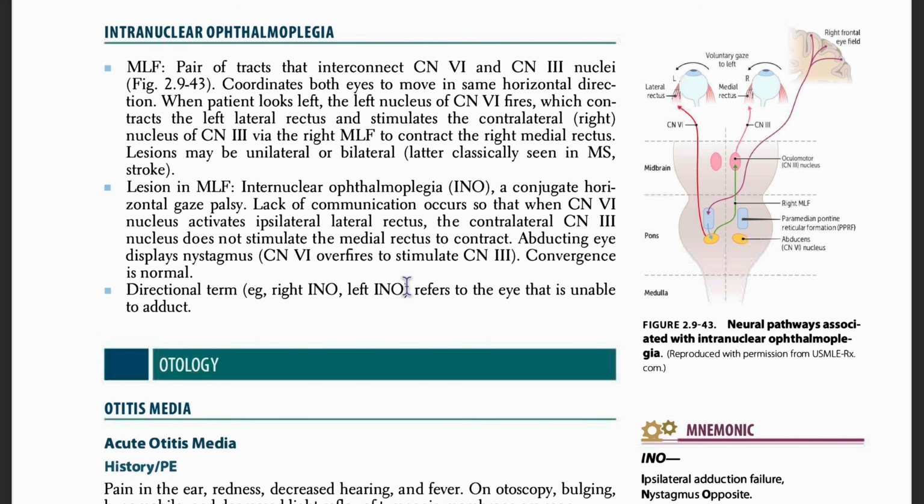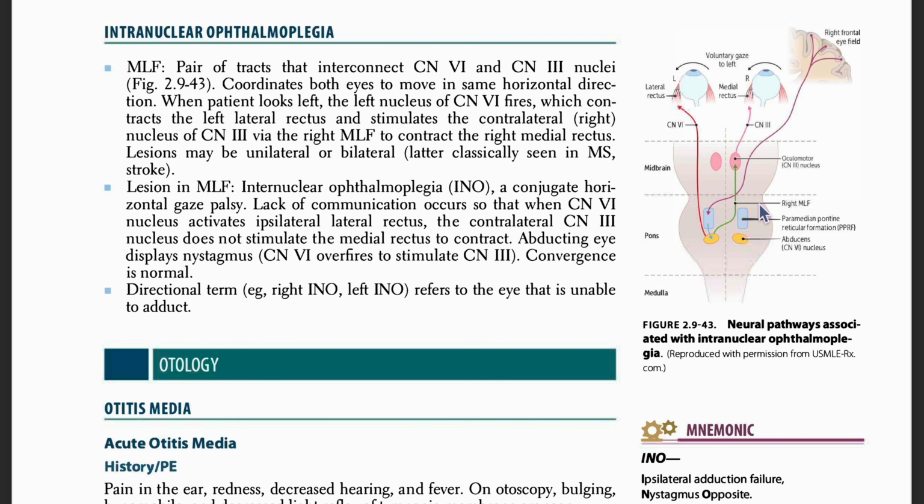Okay. Internuclear ophthalmoplegia. MLF. Lesions in the MLF. Okay, so MLF is, okay, so neuropathy associated with internuclear ophthalmoplegia. Pairs of tracts that interconnect cranial nerve 6 and cranial nerve 3.